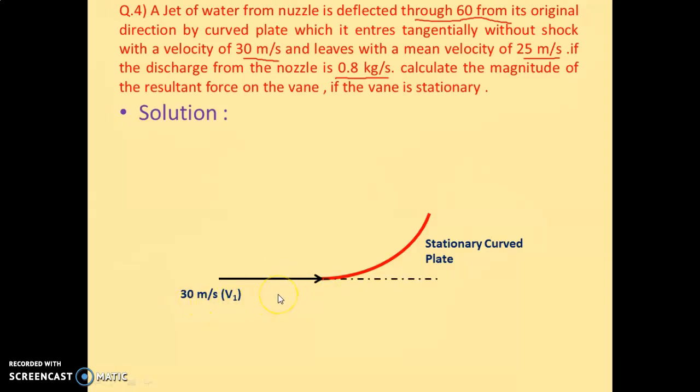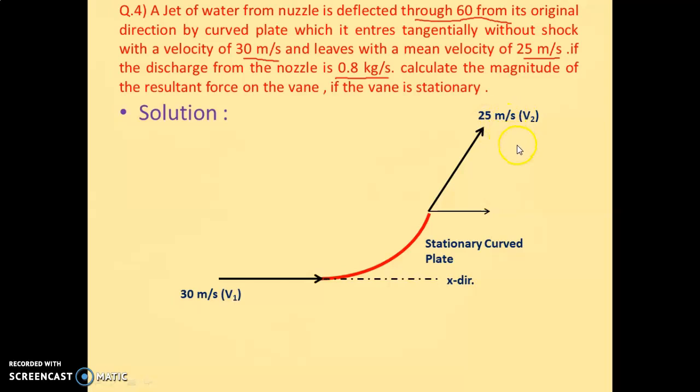Now this is the x direction. After the jet strikes the plate, it leaves with a mean velocity of 25 meter per second. So 30 meter per second is the initial velocity, 25 meter per second is the final velocity.